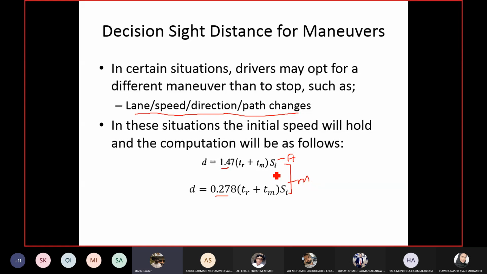So during TM, your speed will be lower. When you are putting the initial value, you are putting a value which is higher than the real value, and you are giving him more distance. So the assumption that the driver will continue at the initial speed is a safe assumption because normally during TM the speed will be less. We're just trying to make our lives easier and also providing a higher distance to the driver.